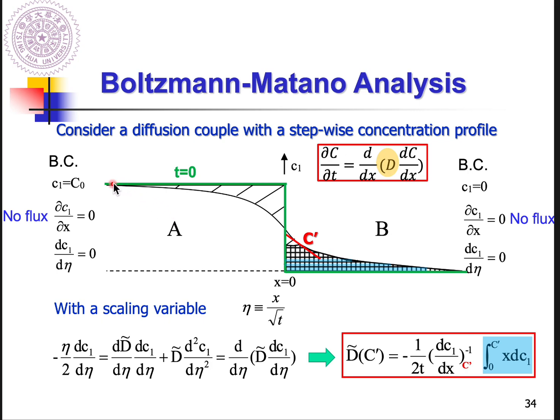So at each location on these curves, the interdiffusivity is different. By using this equation, you can get the interdiffusivity at a specific concentration of diffusing atoms.